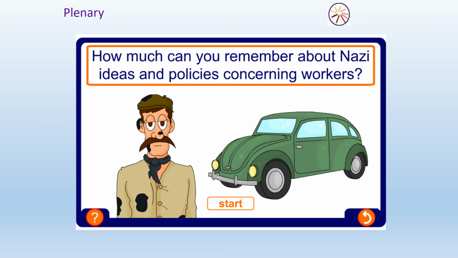The RAD was the abbreviation for the Reich Labor Service. The leader of the German Labor Front was Robert Ley. Of course he was. The Volkswagen translates into English as people's car.